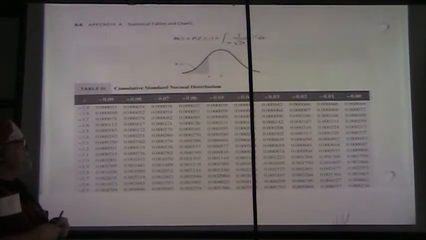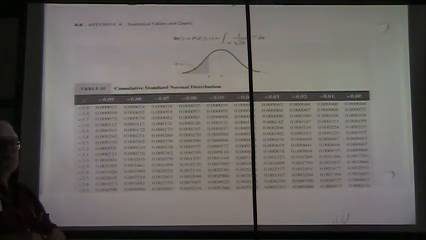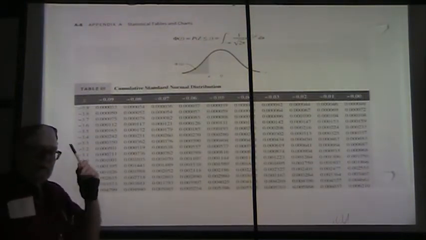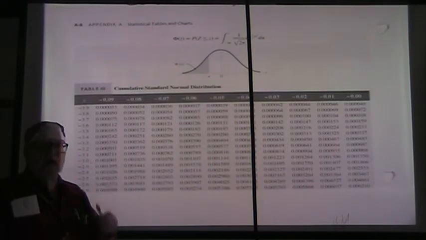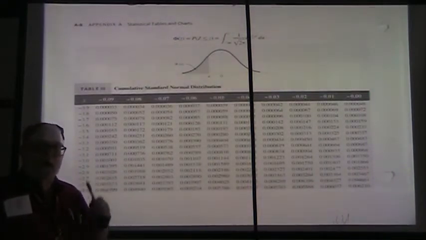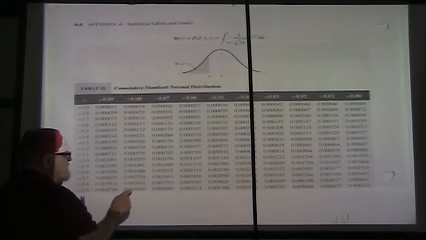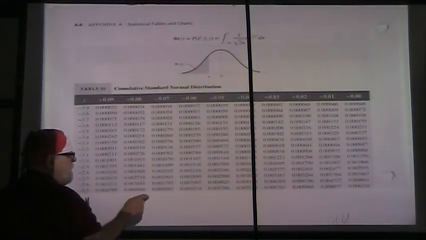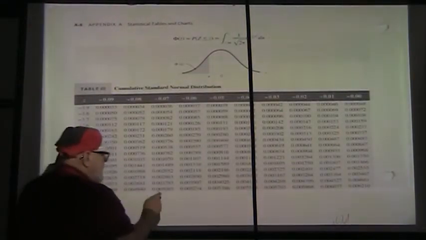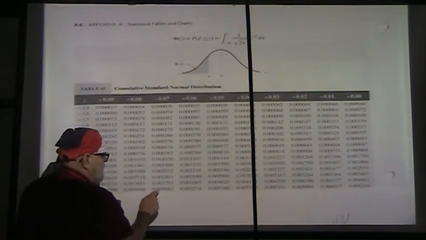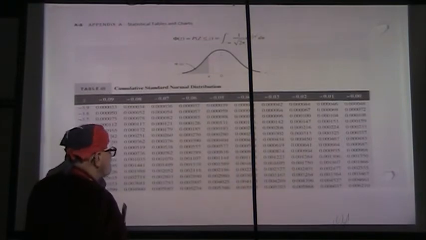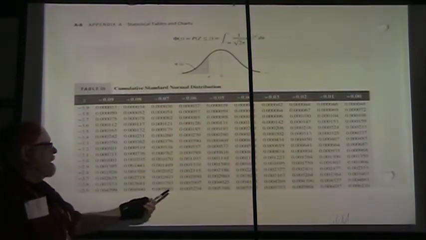It looks to me like the two probabilities that are the closest to our alpha divided by 2 are this one, 0.004940, and this one, 0.005085.